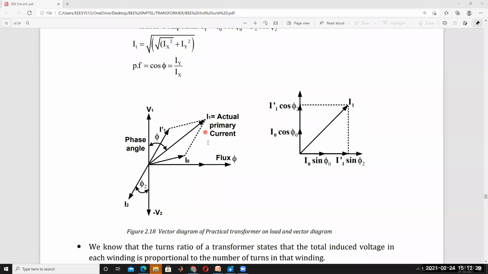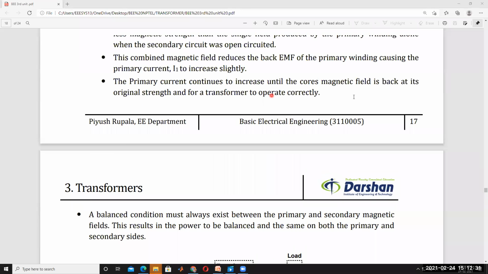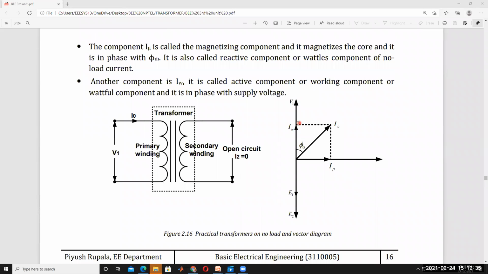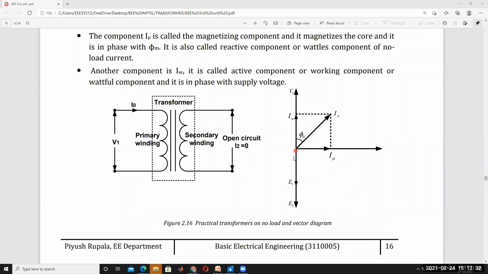It's clear. Under no load condition, what is the phasor diagram? Under no load condition, this is the vector diagram. Here there is no I2. In practice, under loaded condition, there is an I2, and here I2 is considered.